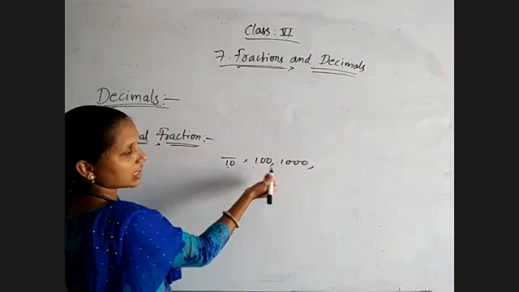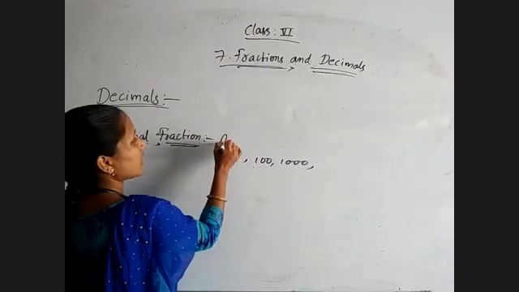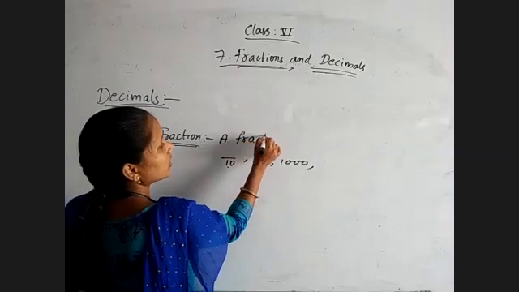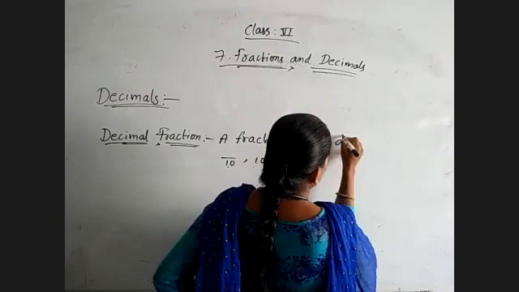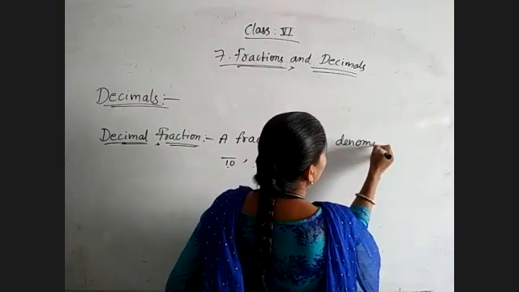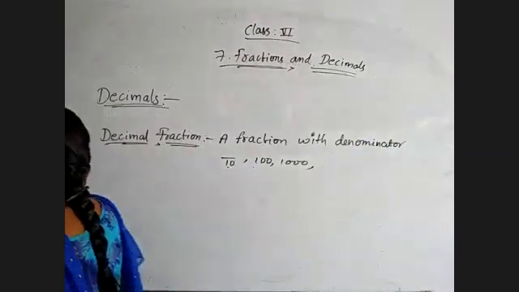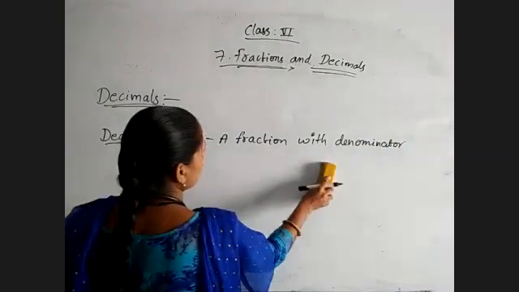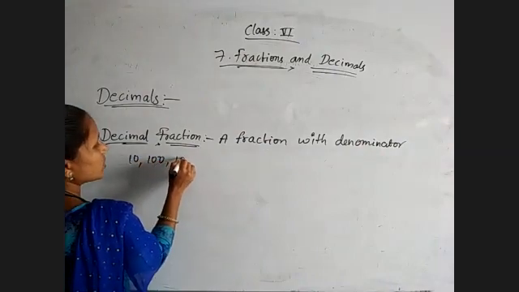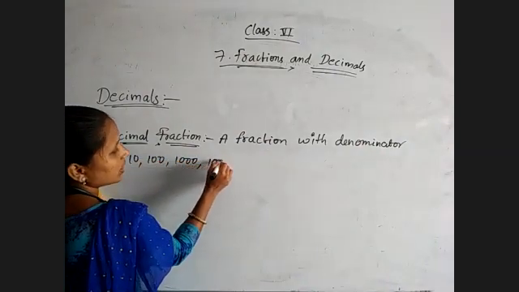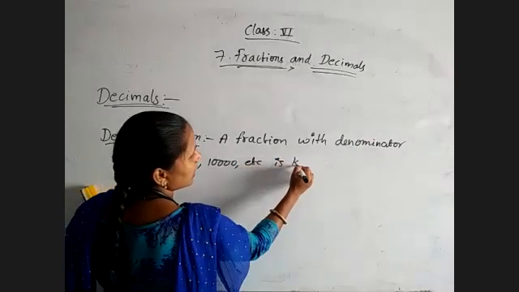All these fractions are said to be decimal fractions. A fraction with denominator 10, 100, 1000, 10,000, any such number, is known as a decimal fraction.